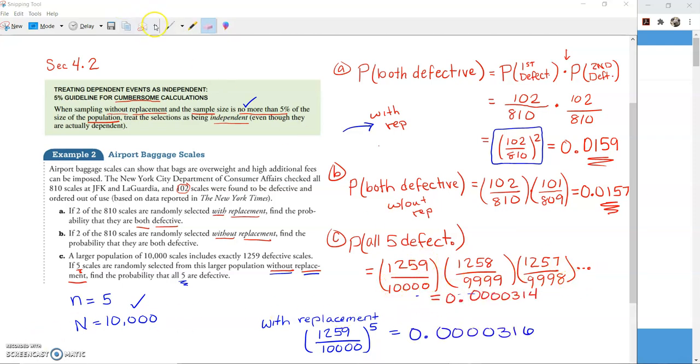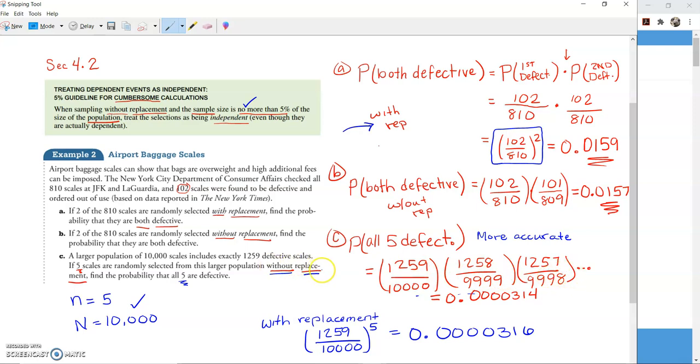Okay, so just to compare, the long way is technically the more accurate way. This is the way it should be done because it is without replacement, where you use a separate fraction for each selection.